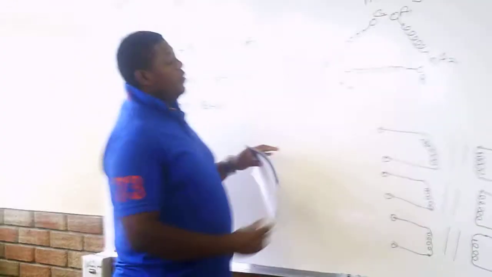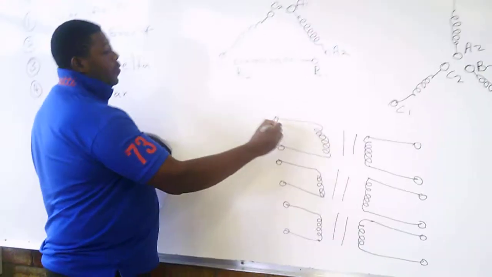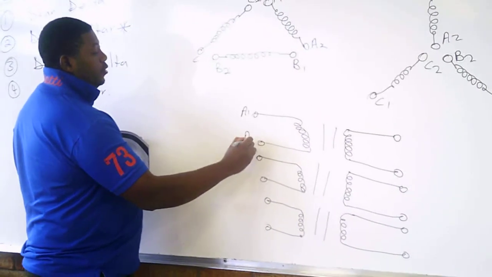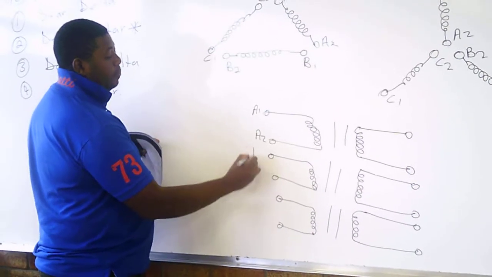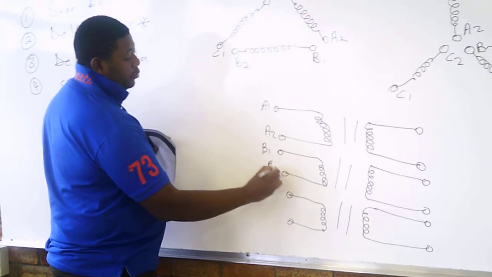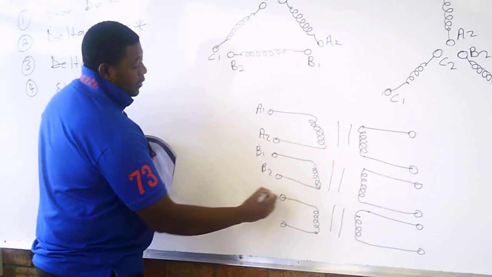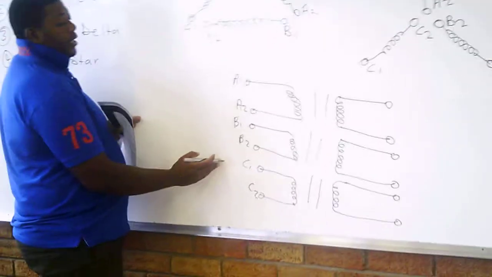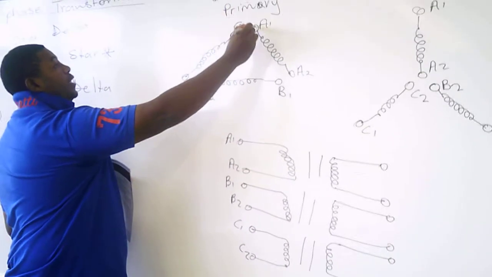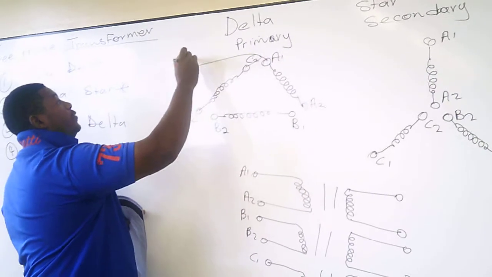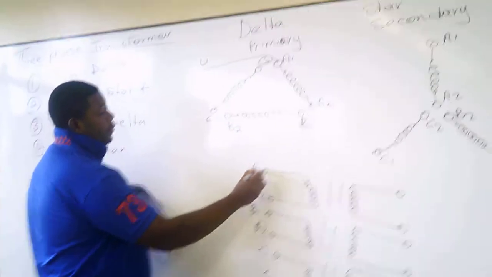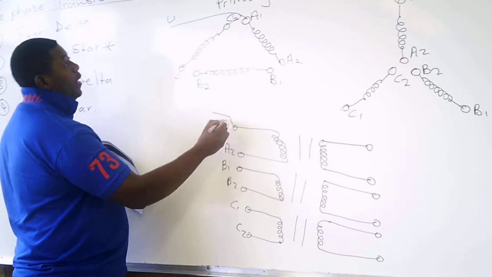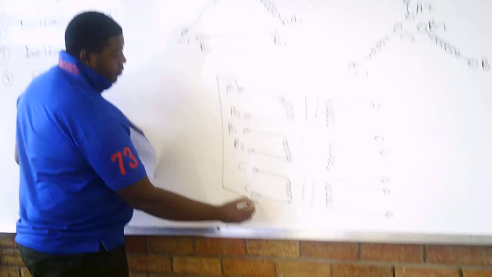Right. We know that we have the first coil as A1, A2, the second coil B1, B2, and the third coil C1, C2. Now in delta, as you can see, these two give us a common point. We can call that line 1. So A1 combines with C2, and we call that line 1.